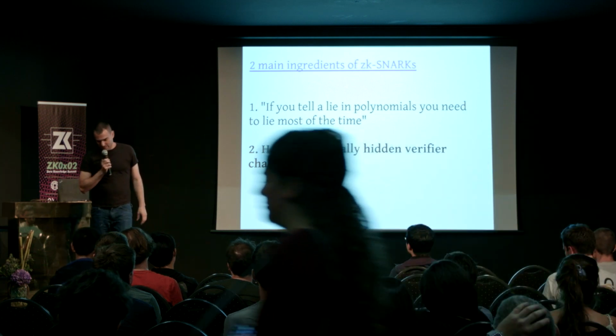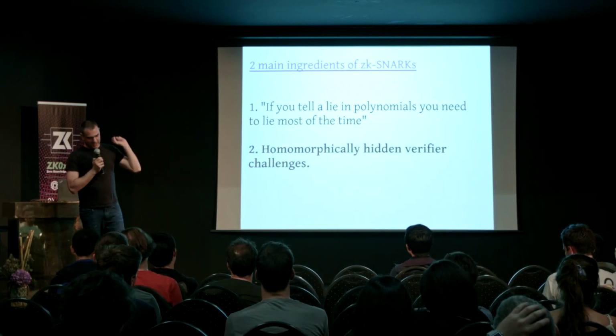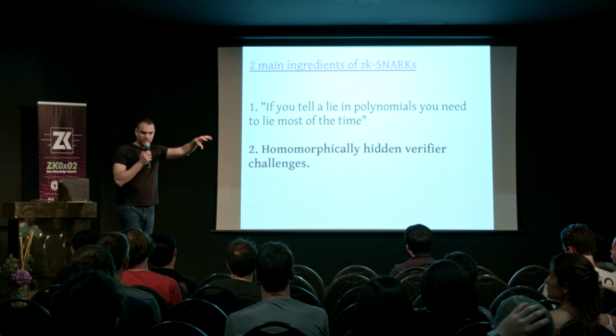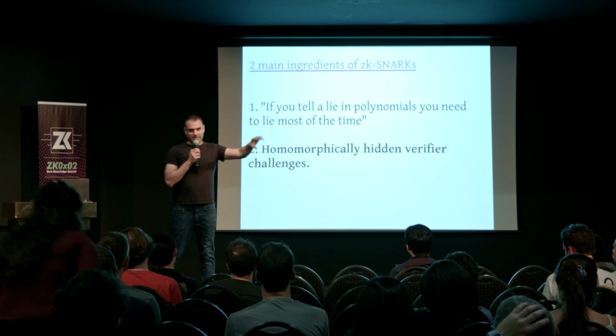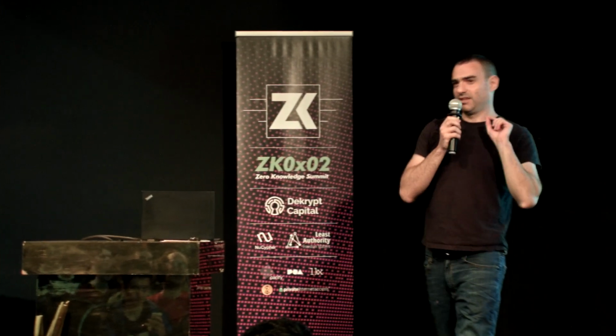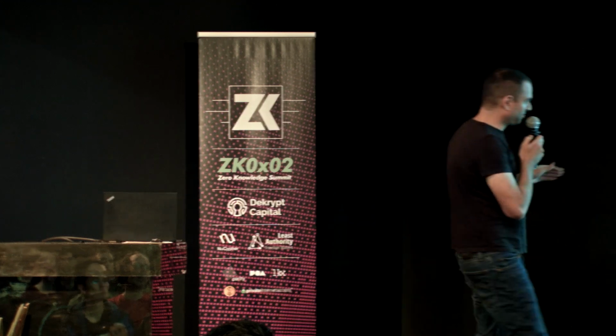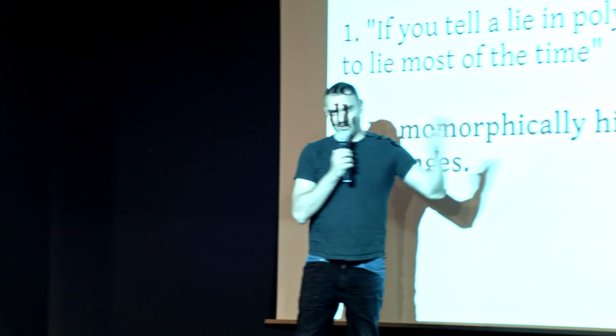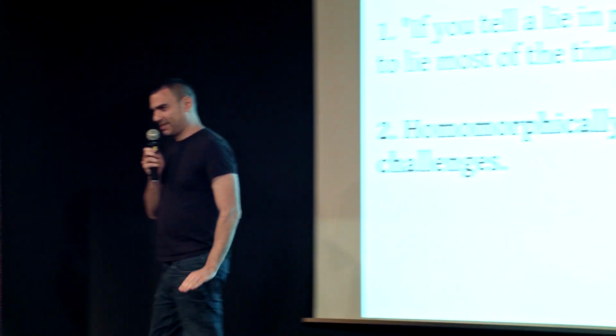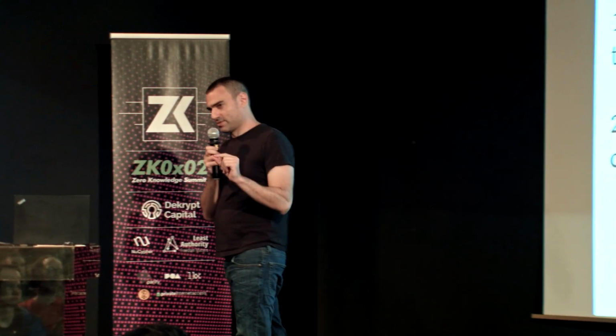solve this chicken and egg problem is, okay, the verifier in a sense will go first. He'll give the challenge point first, but he won't give it in plain form. He'll give it in this homomorphically hidden form. And what does that do?